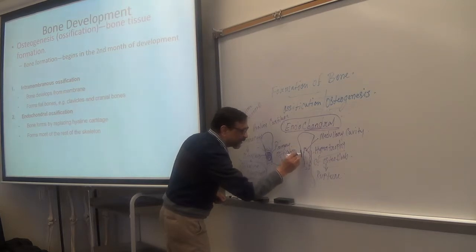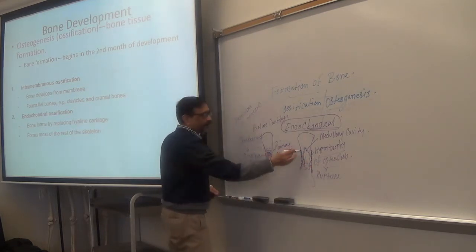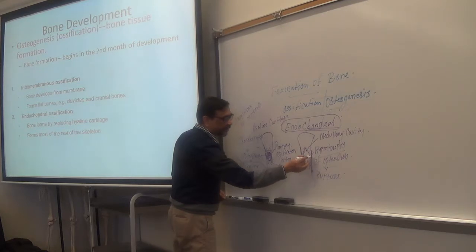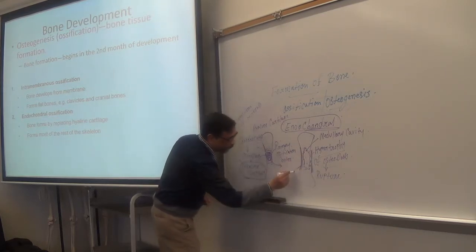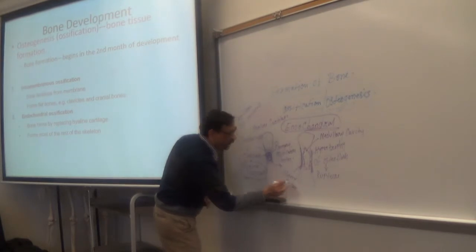They will secrete matrix here, and that will form a thin bony collar. Just know that a thin bony collar will be formed around the shaft. This is called bony collar. Around the shaft. Okay?